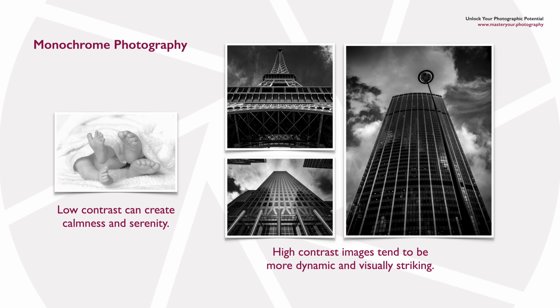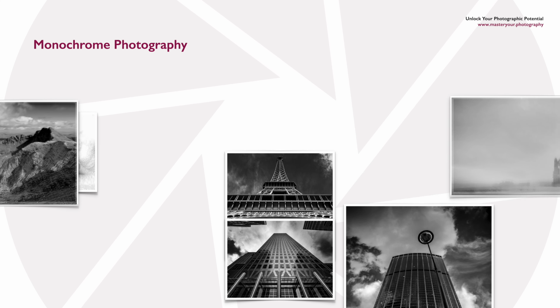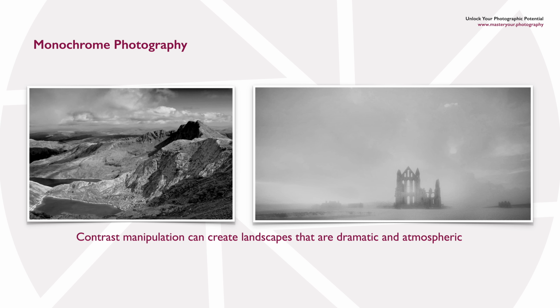This high contrast approach works really well with buildings and architecture. Subjects that are taken in full sun tend to work well like this as well, but don't be afraid to experiment. Shoot landscapes in full sun and go for high contrast, but also shoot them in foggy, misty conditions and create low contrast images that have got atmosphere to them.